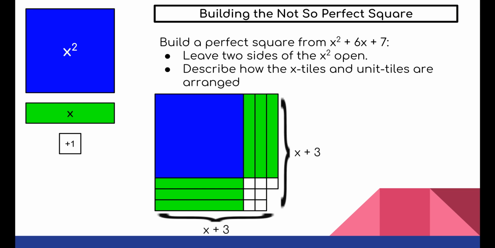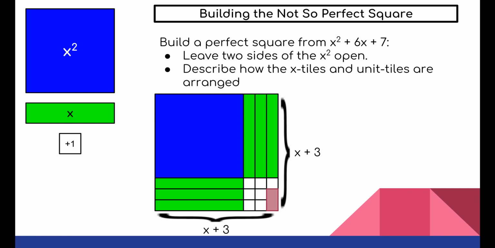So then we want to ask students, well, if you could complete this, what would the dimensions be? And we want those students to then say, well, the dimensions of this should be x plus 3 squared, because it should be that both sides of this square have a length of 1 x tile and 3 unit tiles. Obviously, that's not the case, and students are going to say, but we're missing 2 unit tiles.